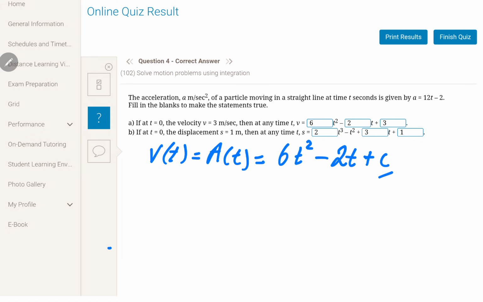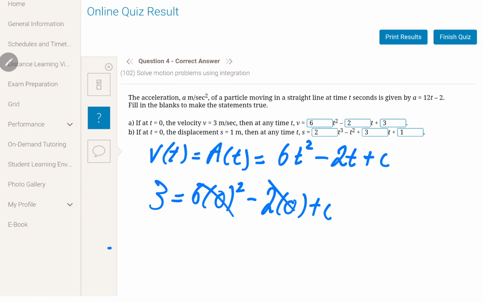Never forget the plus c. Now how do you find the c? They told you at t equals 0, velocity is 3 meters per second. So you're going to substitute 3 and 0. So 6 into 0 squared minus 2 into 0 plus c. This gives you 0, this gives you 0. So c is equal to 3. That's your equation: 6t squared minus 2t plus 3.